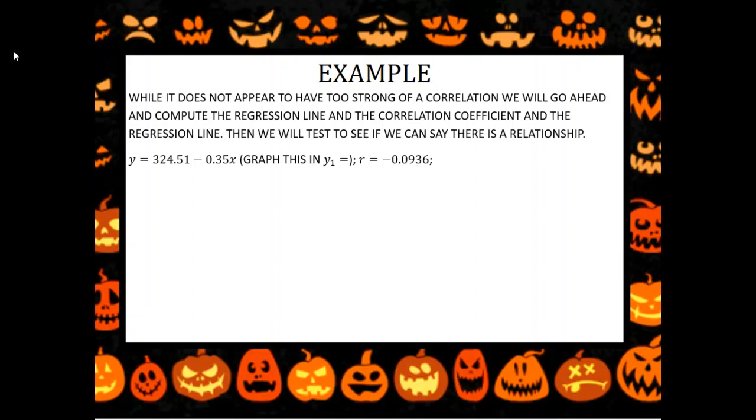And it gives you actually a lot of information here. What we want right now is the A and the B, because that's going to help us graph the line. So if you look, A is 3.2451. It says B is negative 0.3523, etc. Now remember, the equation of the line is A plus BX, so all I did was plug in the A and the B. So then you can go to Y equals, and you can actually type that in, Y1.